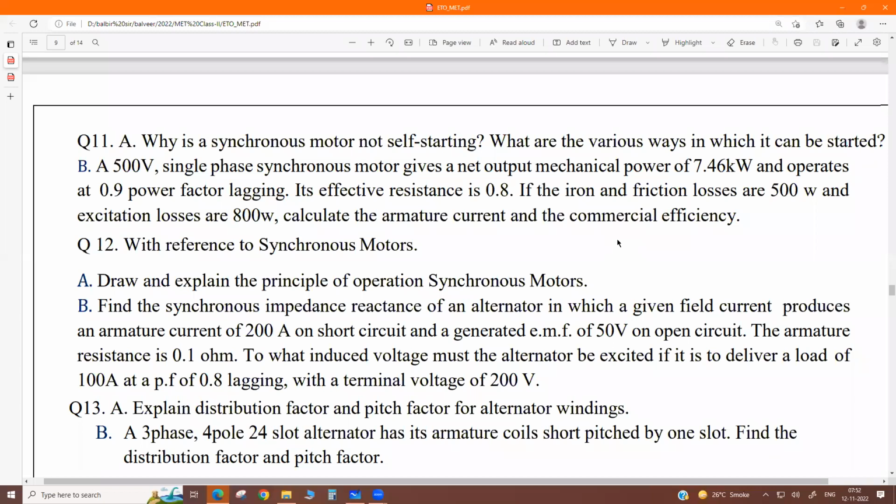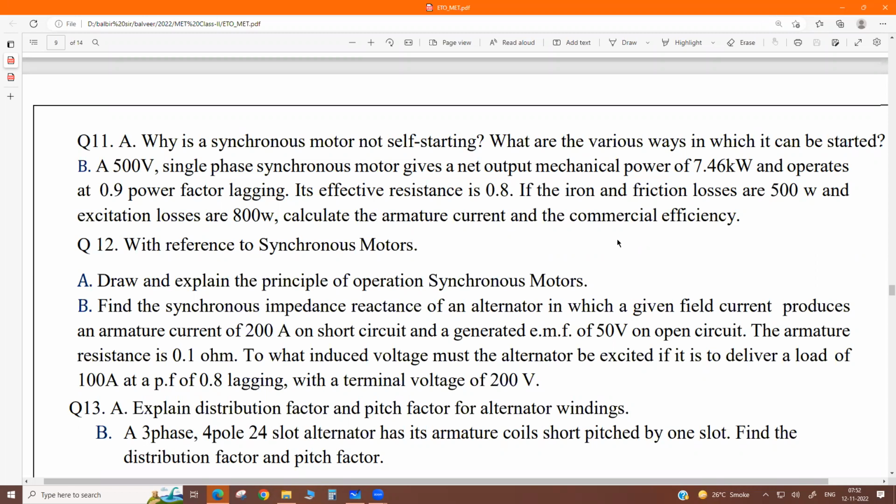Based on the frequency of the AC supply, the resultant field rotates as in a three-phase induction motor, so the net torque comes to 0 and it does not rotate.